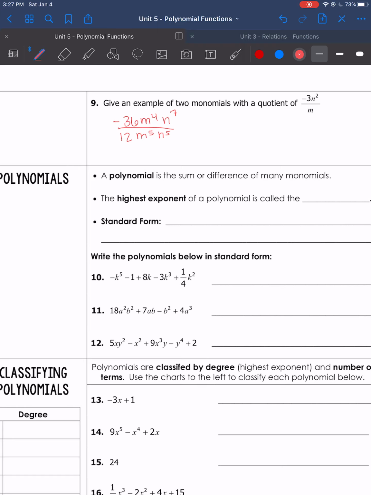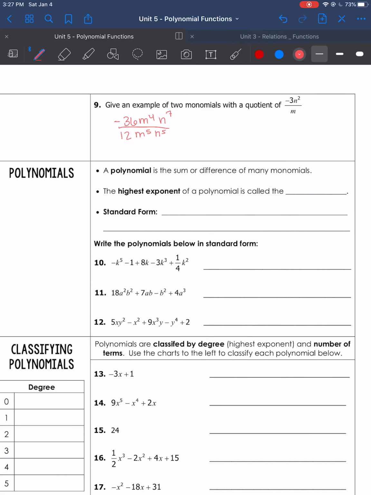So that's what we'll deal with monomials. Alright, a polynomial is a sum or difference of many different monomials. That's why we talked about monomials first. The highest exponent of a polynomial we call the degree.